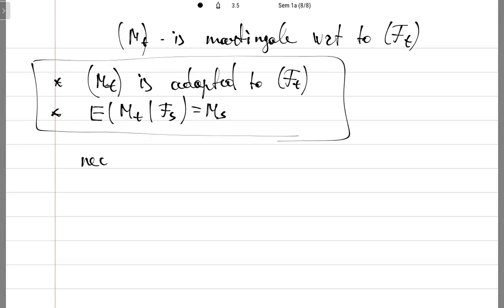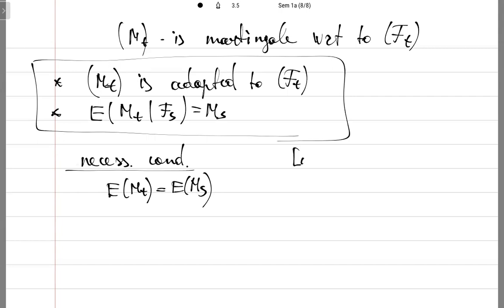And we have one necessary condition, that the expected value of M_t is the expected value of M_s. And for discrete time, this is a general definition, for s less than t. It works in continuous time and in discrete time, so it's a general definition.